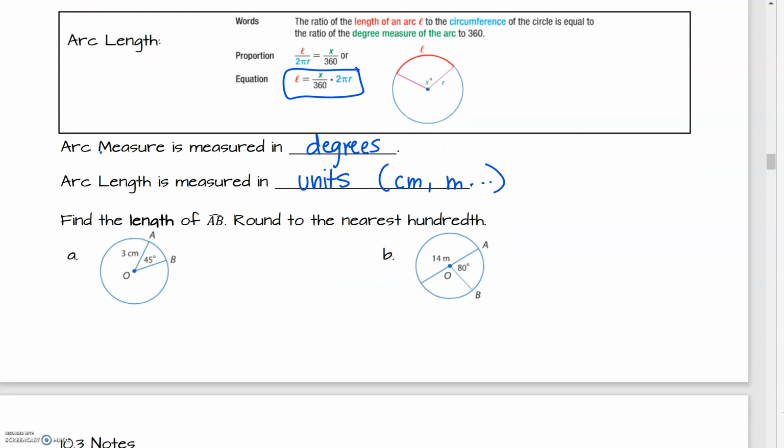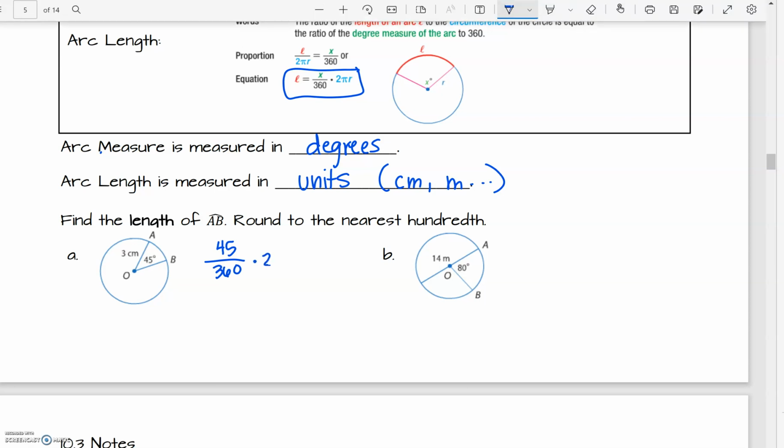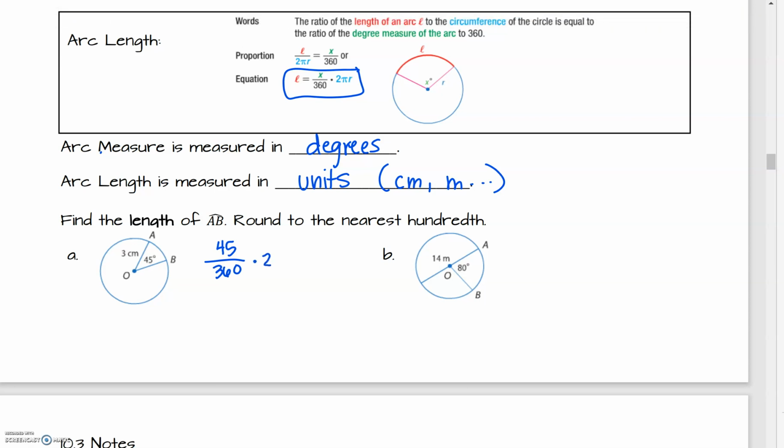Our equation is taking our degrees and putting it over 360, because we need to know what portion. So 45 degrees out of the 360 total is this little section here. And then we're going to take that times our formula for circumference, which is 2 pi r. So 2 pi times our radius, which we have here, is 3.